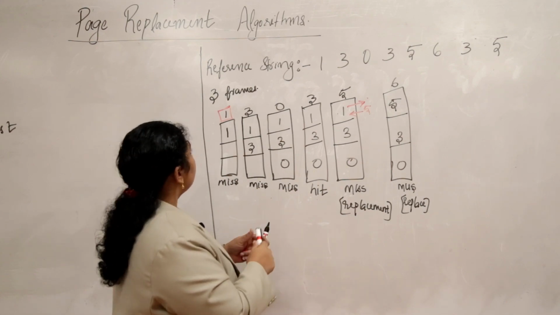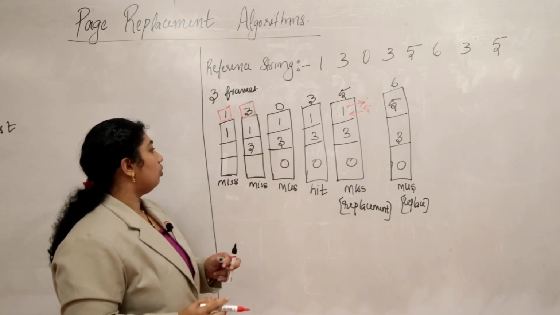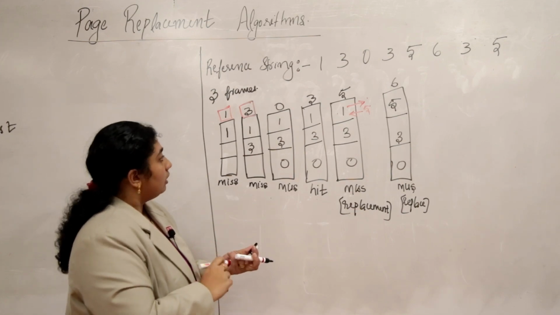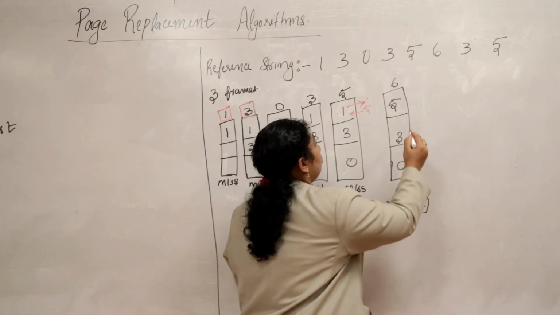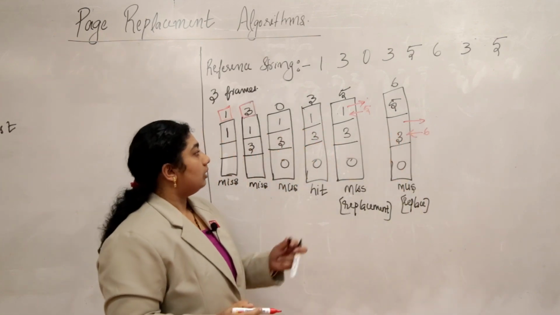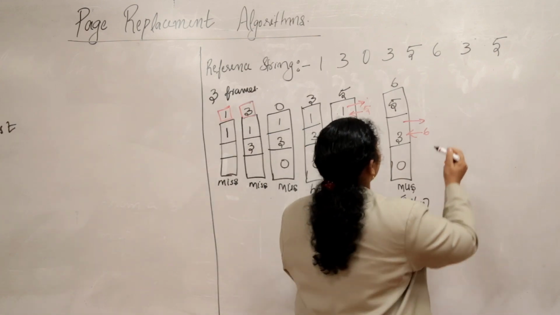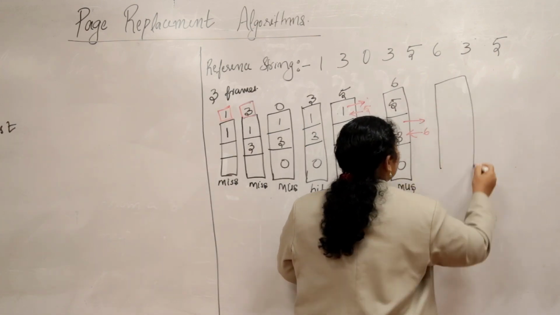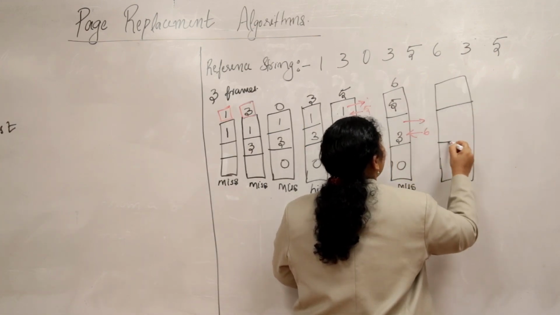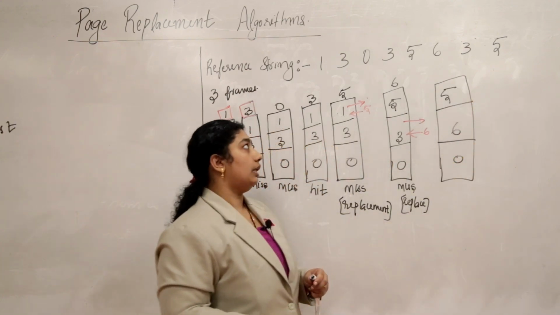The oldest one is 3. 3 was the oldest one which was brought in. So we'll swap out 3 and swap in 6 so that 6 can be executed. So now the physical memory will have 5, 6 and 0.